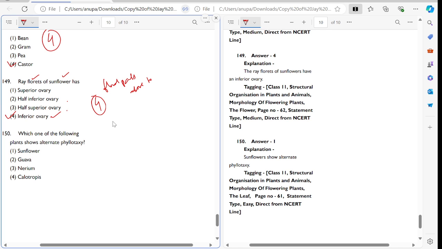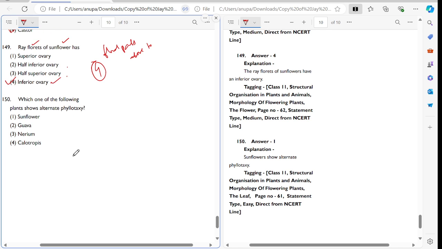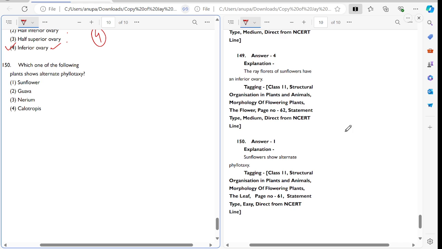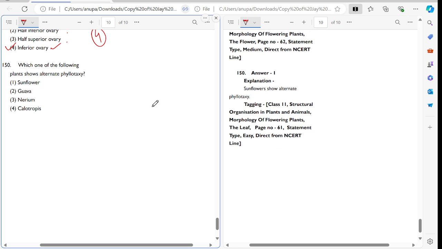Now let's move to the last question of this session, that is question number 150. And this question states that which one of the following plants shows alternate phyllotaxy? So phyllotaxy is what? It is the arrangement of leaves on a plant.